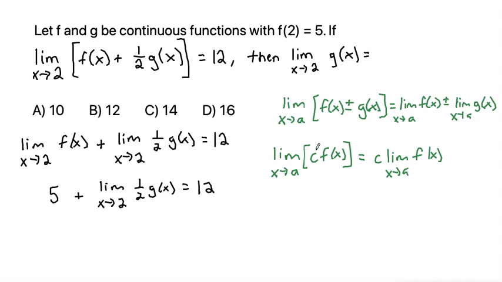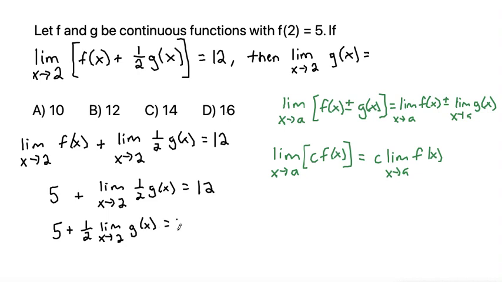So what this is saying is if we have a coefficient on our function, we can pull that out of the limit and put it out in front. So using that property, we can pull the 1/2 through the limit and put it in the front. We can rewrite the problem as 5 plus 1/2 times the limit as x approaches 2 of g of x is equal to 12.